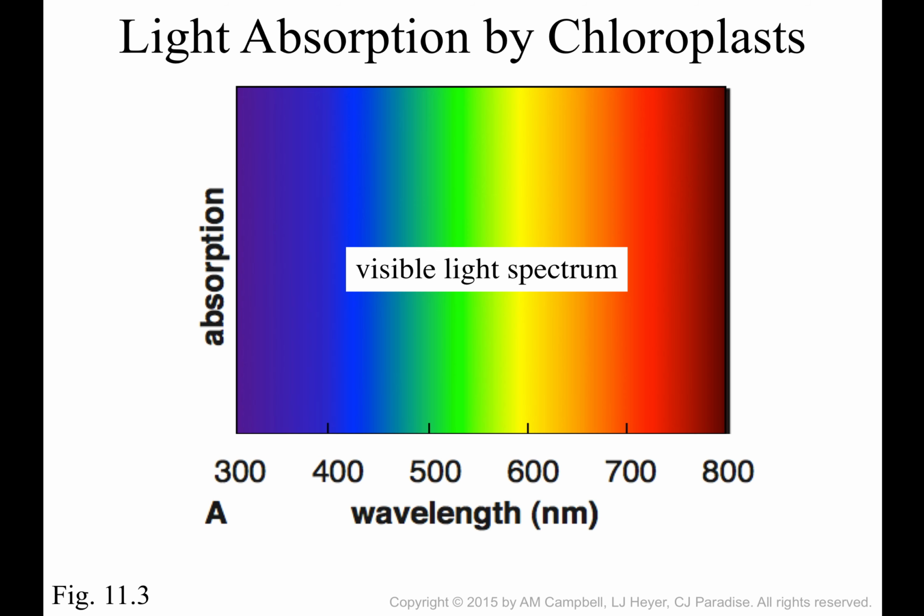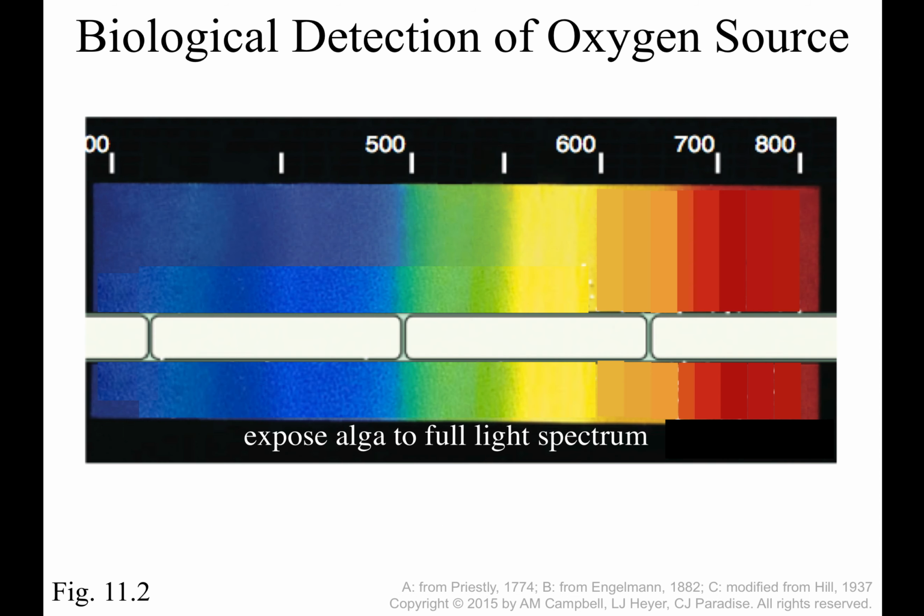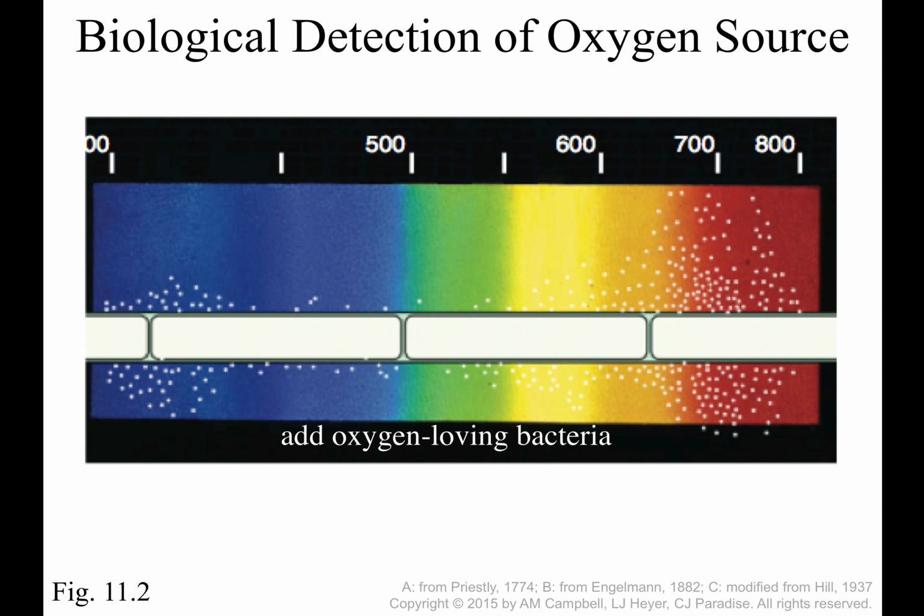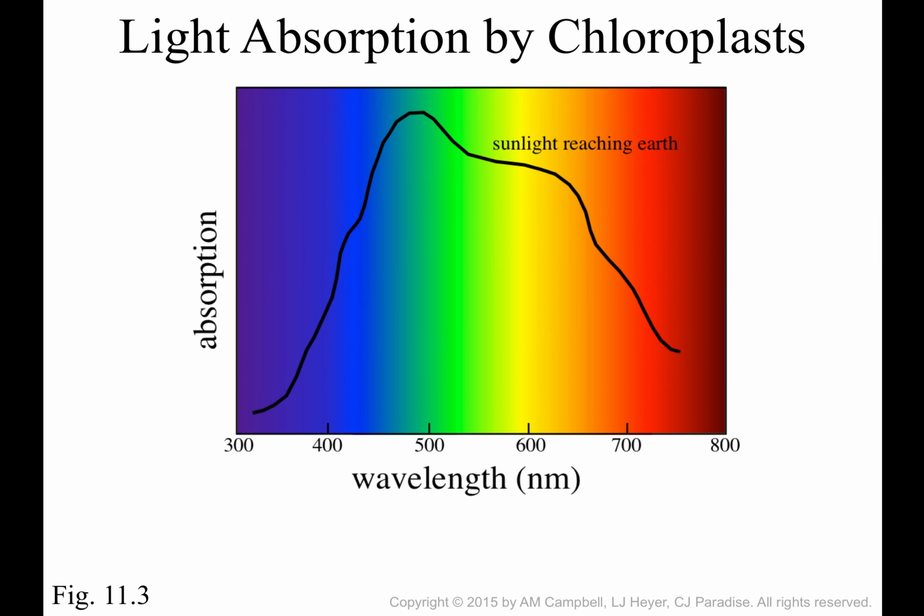If we now look at the visible light spectrum from wavelengths of 300 nanometers to 800 nanometers, these would be different colors of light. Which colors of light support photosynthesis? Okay, this is the oxygen-loving bacteria that we saw before.